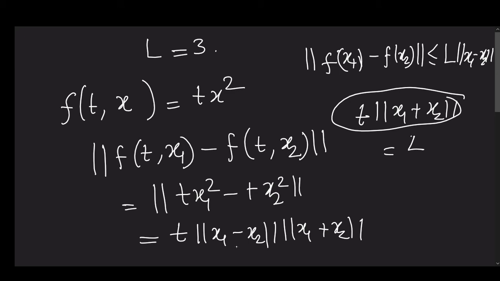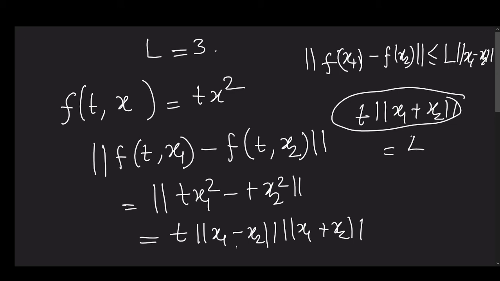So here, in this case, you can see that this function fails to become Lipschitz with respect to x. But for finite x, this function holds good for Lipschitz with respect to t. If I ask you to check the function for t, then instead of considering variation for x, you need to consider the variation for t.